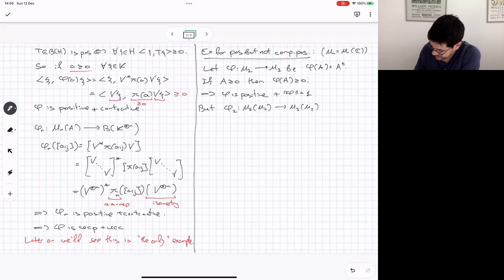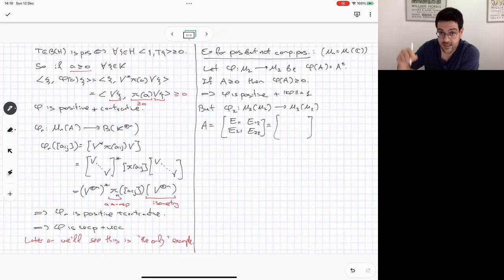Let A now be the matrix E11, E12, E21, E22, where Eij is the matrix that is 0 everywhere and has 1 in the ij entry. So this is 1, 0, 0, 1, 0, 0, 0, 0, 0, 0, 1, 0, 0, 0, 0, 1.